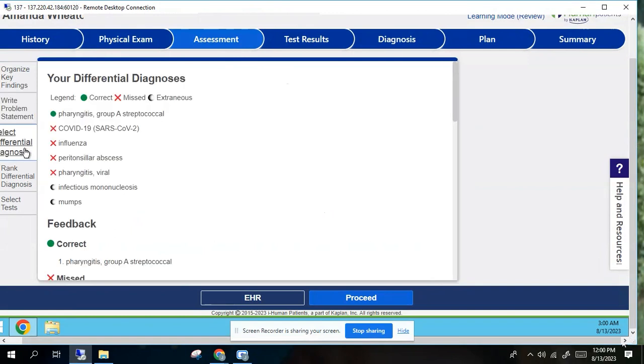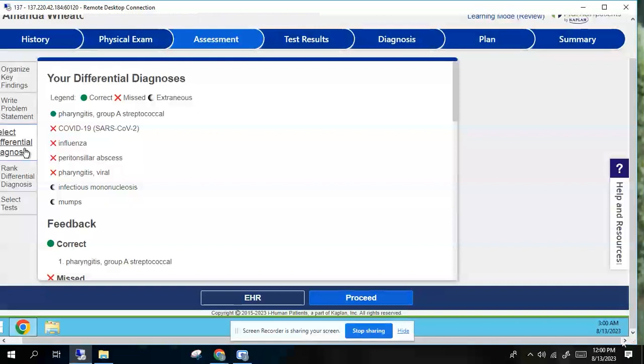you select your differentials. Now I selected three differentials. One was the correct one. The first one was the correct one. Two were extraneous, meaning they are not required, but I missed four.